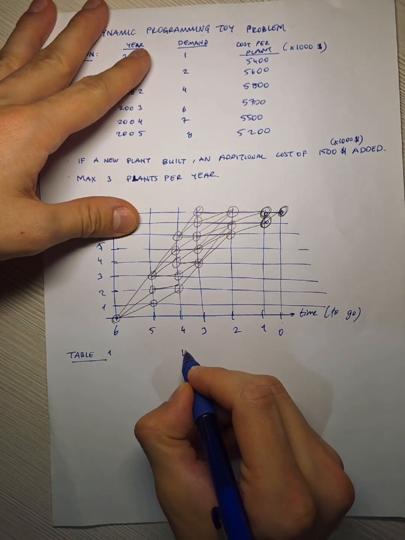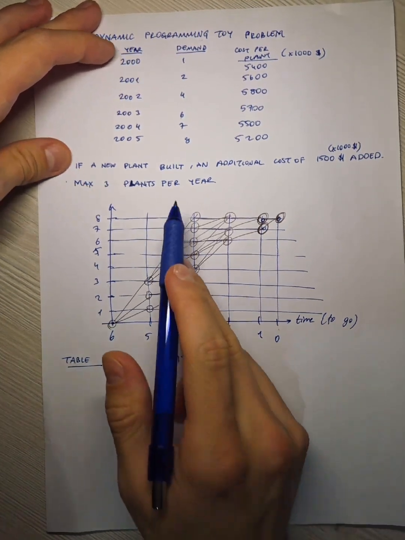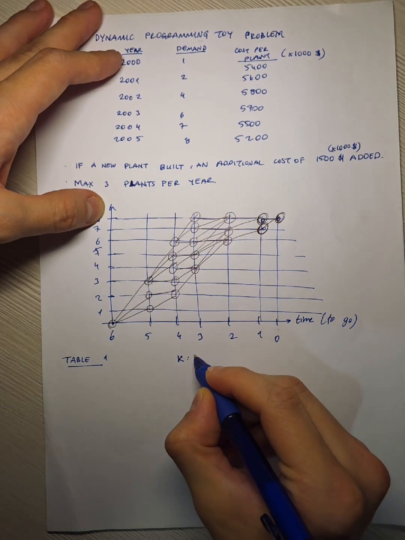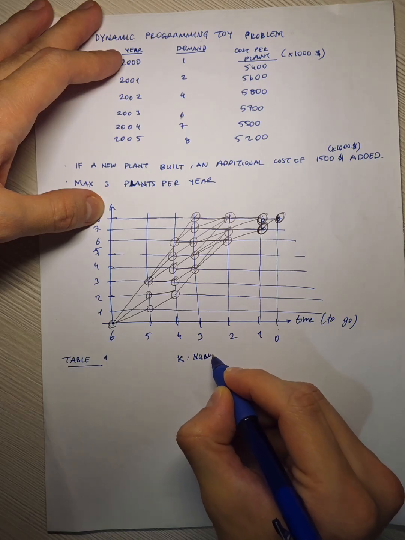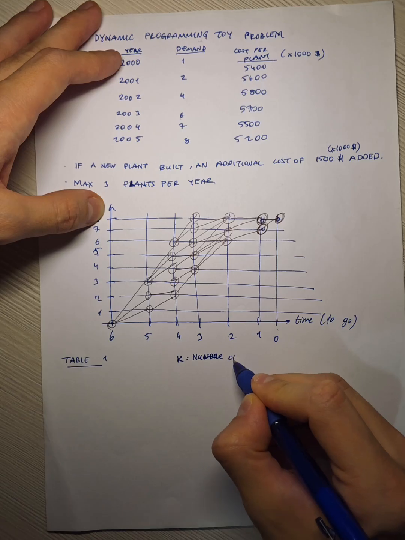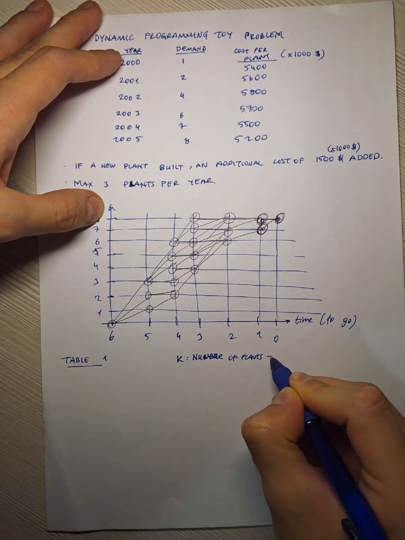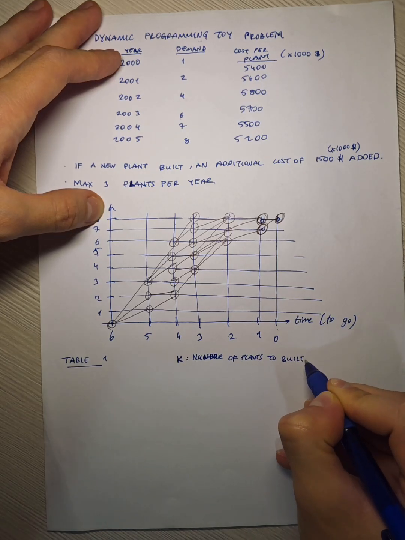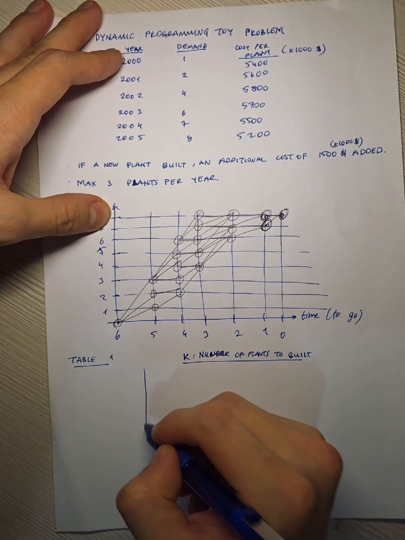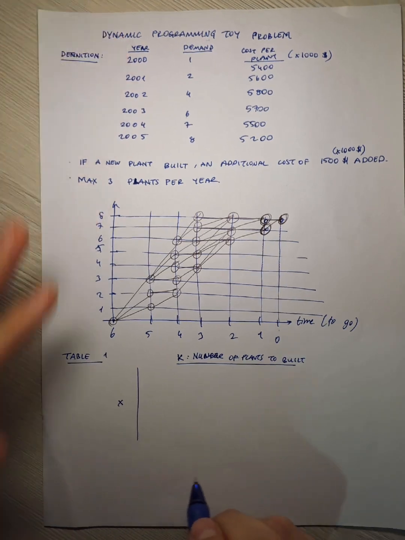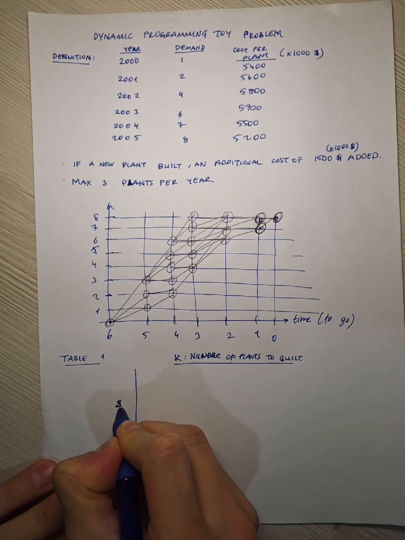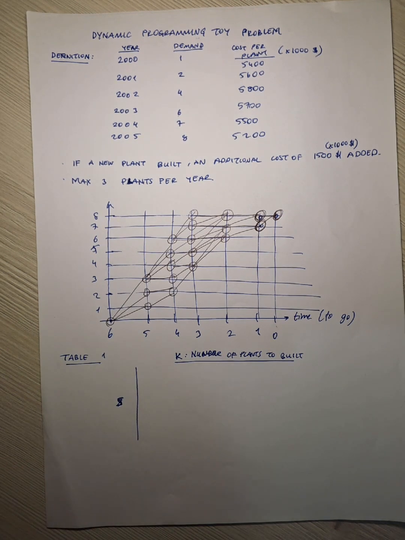So here I will call k the number of plants to build, with m of plants to build. Okay, then s is our state.